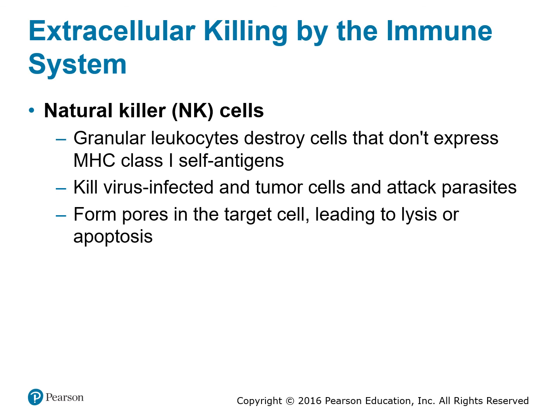Now there's another group of cells known as natural killer cells, and those natural killer cells act in a very similar way to the cytotoxic T cells. They're able to bind and recognize self-altered antigens on the MHC1 receptors, and they release chemicals that induce apoptosis.